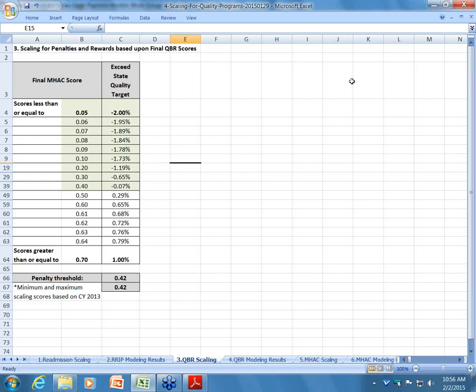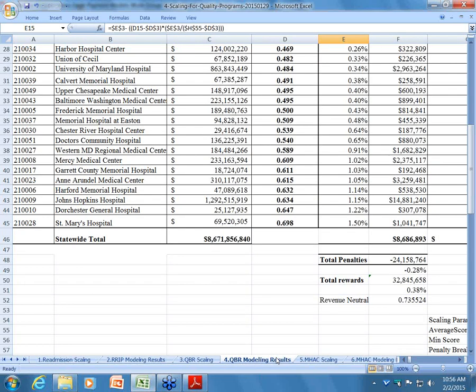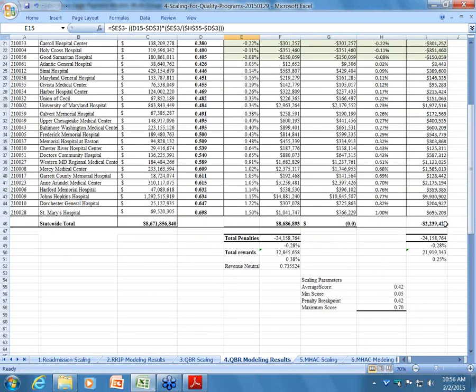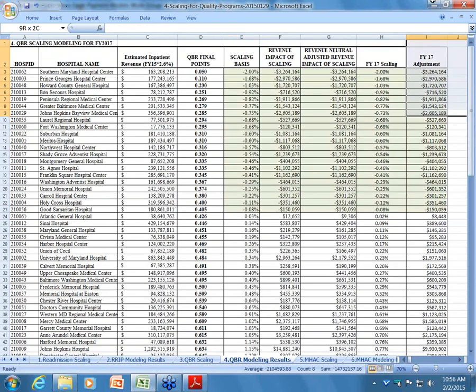Then, I mean, if you look at the next table at the hospital specific, so here what you have is the ranking from the last year, the QBR final points. And then the next column is the scaling basis. So this is the existing scale that we have. So we start at 2% for the modeling purposes, and then it goes all the way down to 0.405.